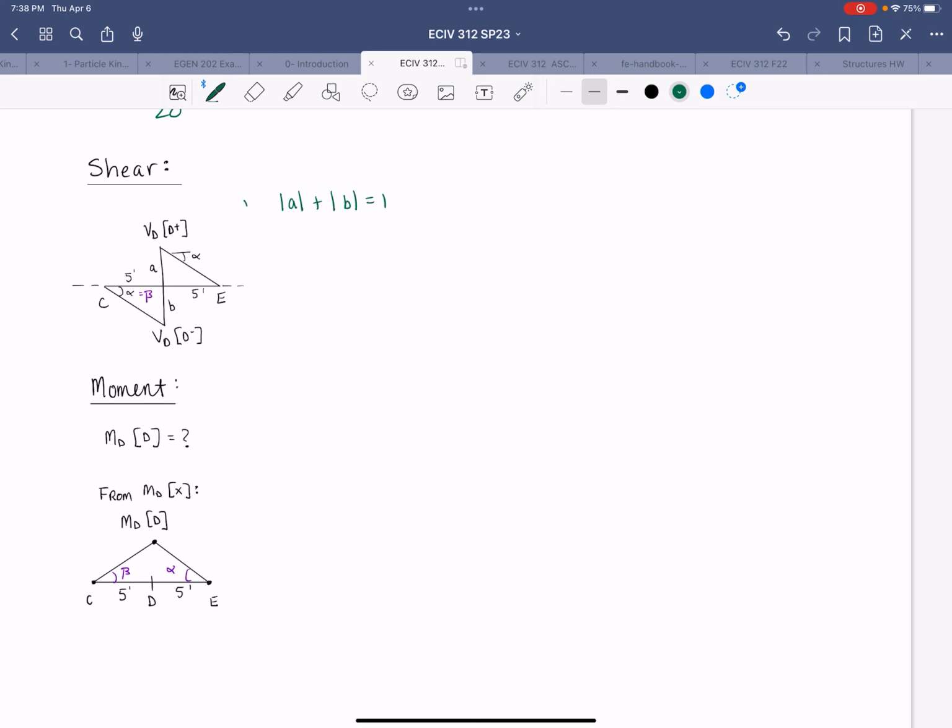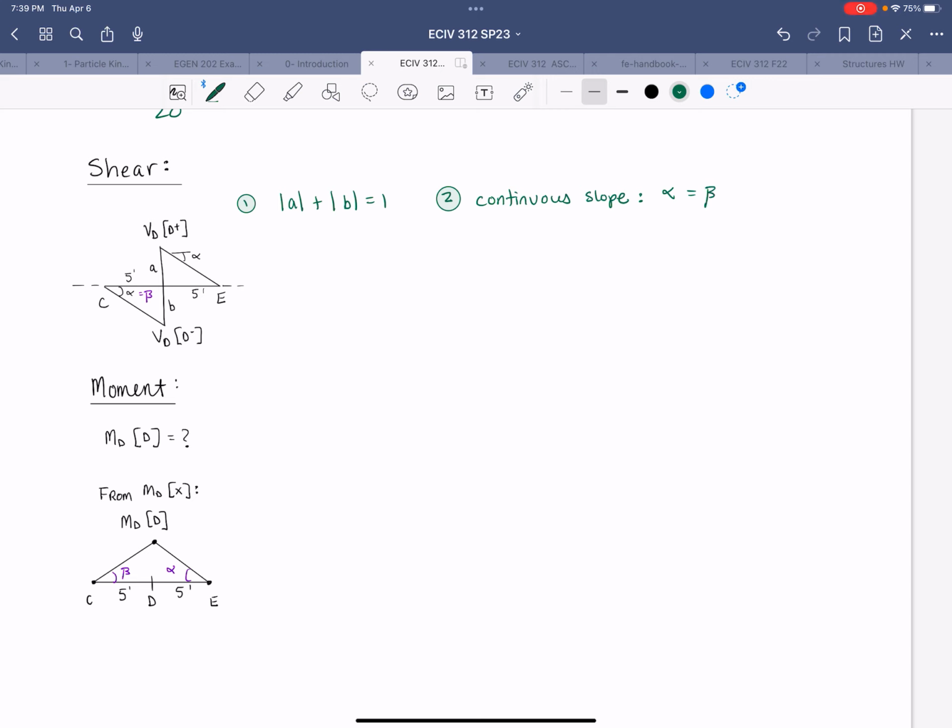All right, so that's one equation. And then another equation, because we have two unknowns, so we need another equation. The other equation is that we have continuous slope.